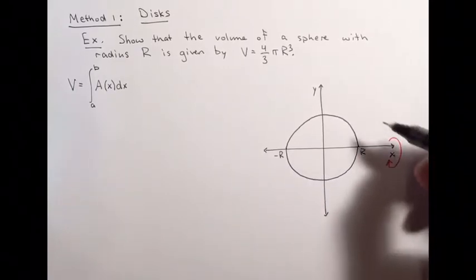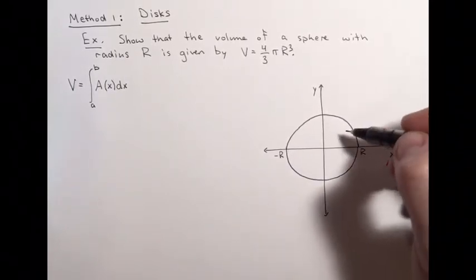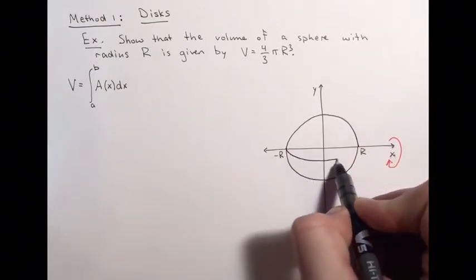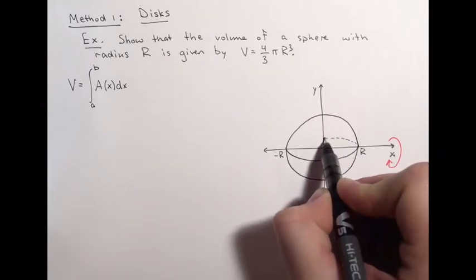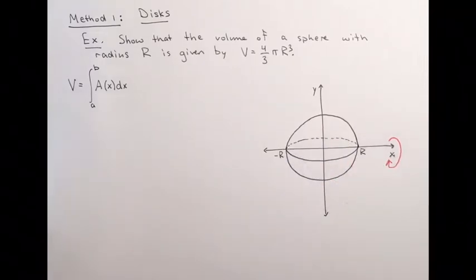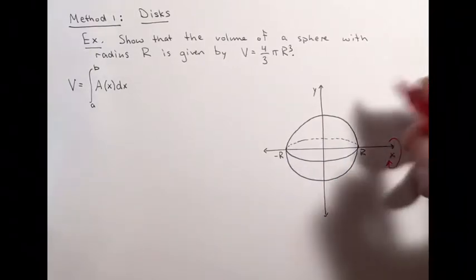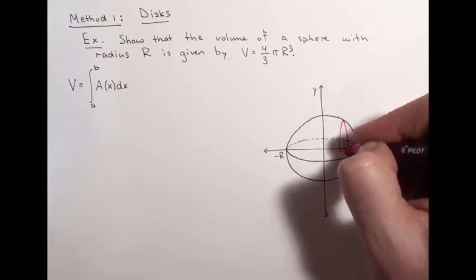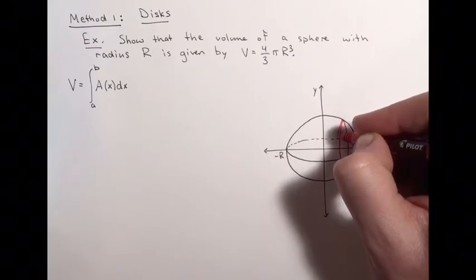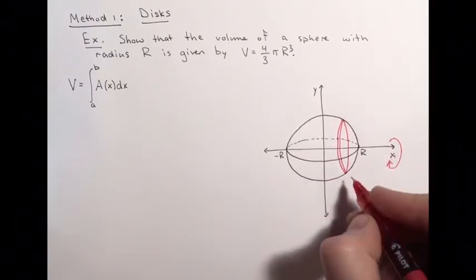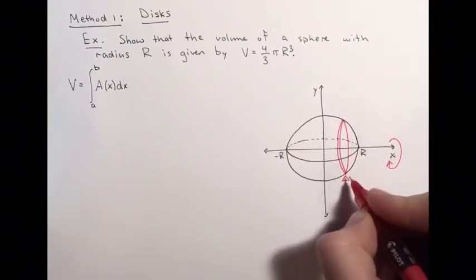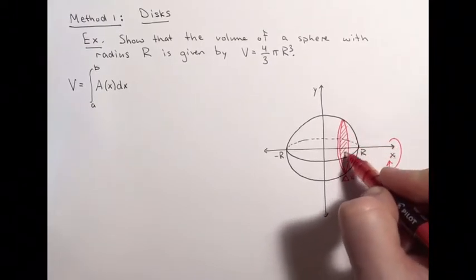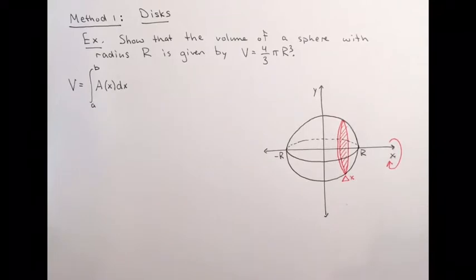Okay? And then what we'll look at doing is a vertical cut. So if this is our sphere, we would like to do a vertical cut through the sphere, which would look something like this. And we know that the thickness of our cut, because it is a vertical cut, would be delta x, and that would be our vertical cross-sectional cut.